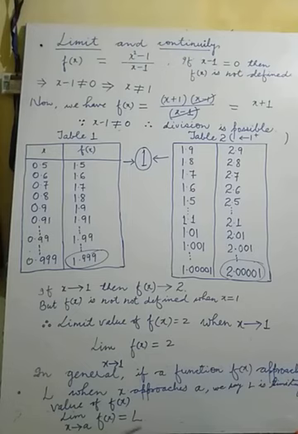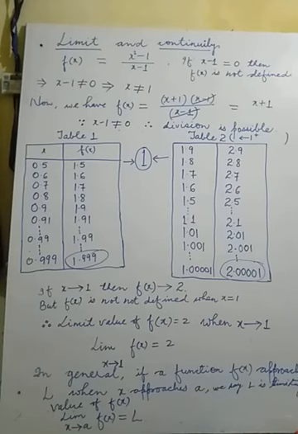See, in this condition the value of L is 2, but it will not always be 2, other functions are there. So suppose a general function f(x) is approaching L, meaning the limiting value is L, when x approaches A. Here x approaches 1, and here x approaches A. We say L is the limiting value of f(x).